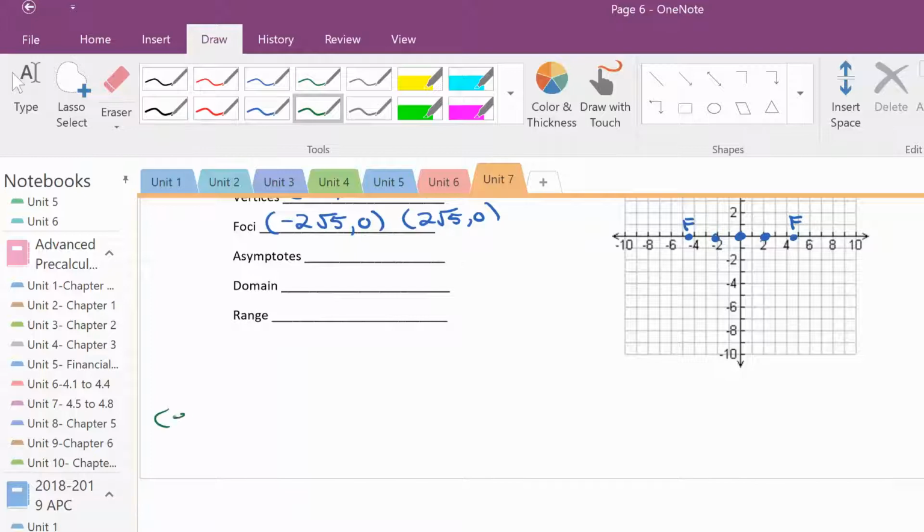So since we know the center is 0, 0, and then the slope is going to be, in this case, since it's horizontal, positive b over a and negative b over a. Because remember, when you do the slope, it's the change in y over the change in x.